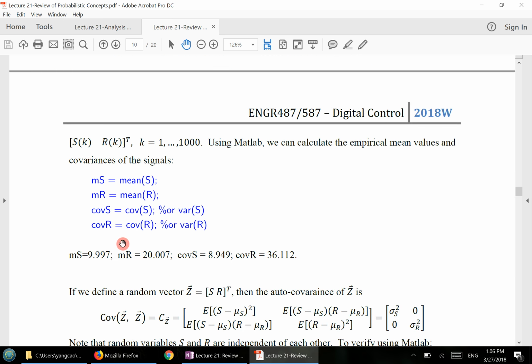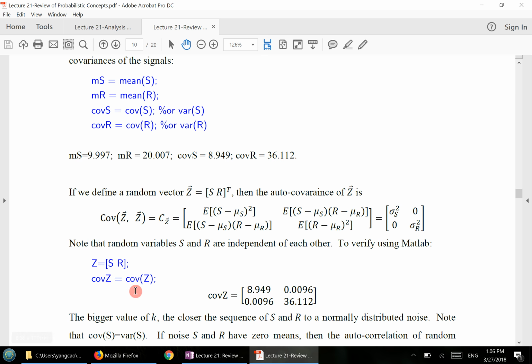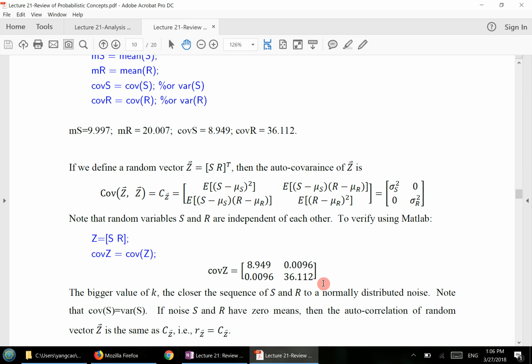We can compare. In MATLAB you can use the covariance command to calculate the variance of the random variable itself, and if I create a vector of S and R and plug it into the covariance command, I can calculate the covariance matrix for the two random variables. We only generate 1,000 data points.